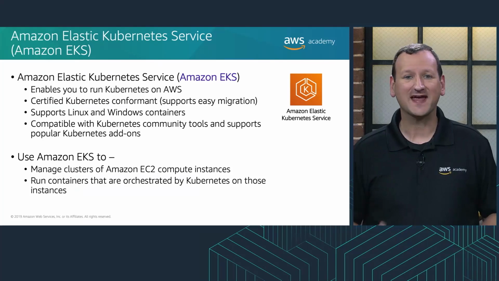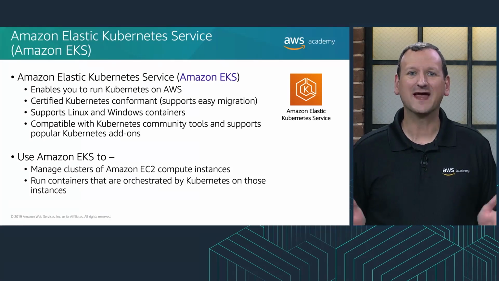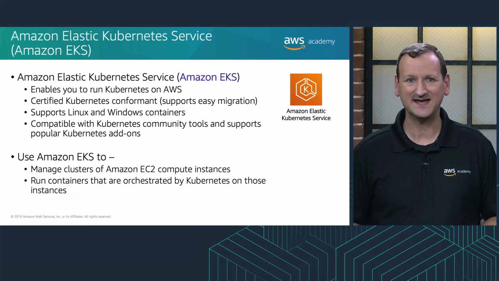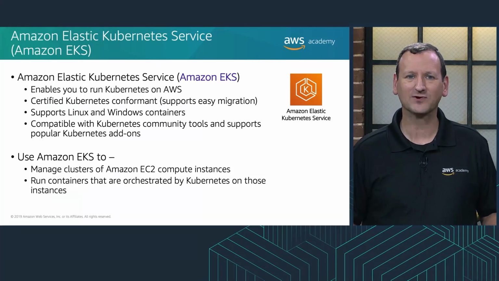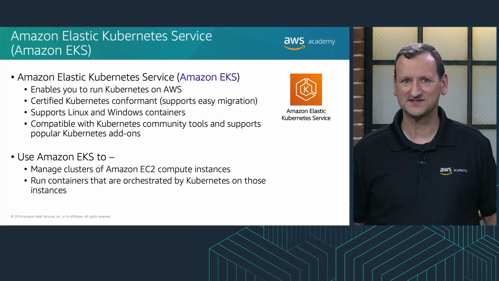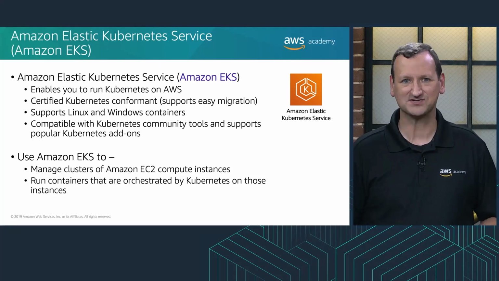It supports Linux and Windows containers, and it's compatible with Kubernetes community tools and many popular add-ons. You may be wondering why Amazon offers both Amazon ECS and Amazon EKS, as they are both capable of orchestrating Docker containers. Well, the reason that both services exist is to provide customers with flexible options. You can decide which option best matches your needs.